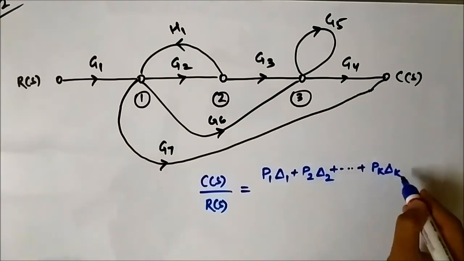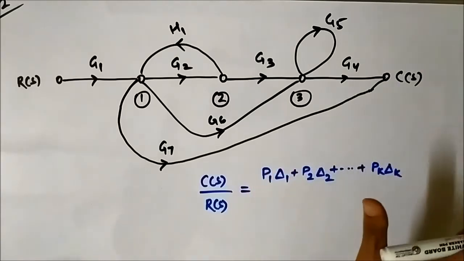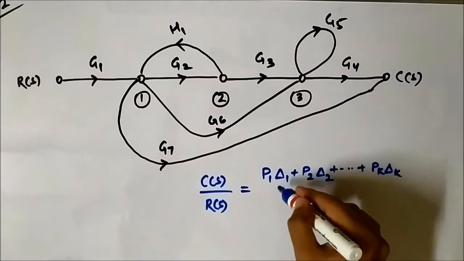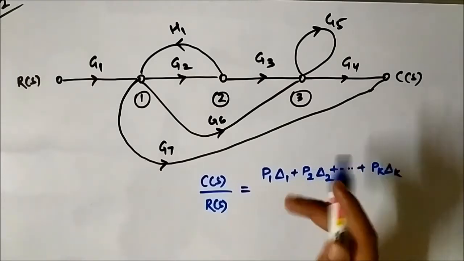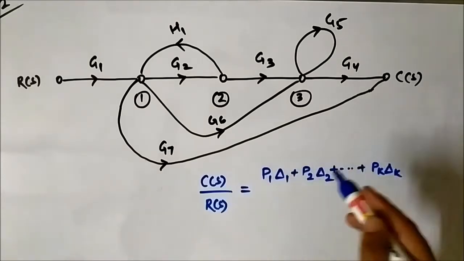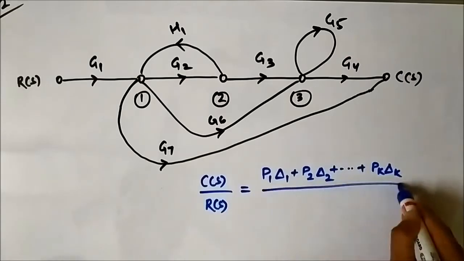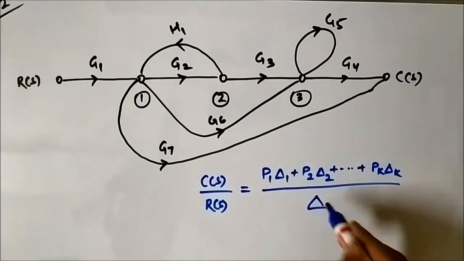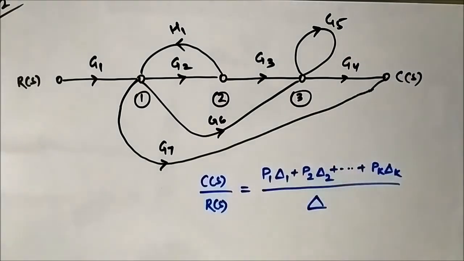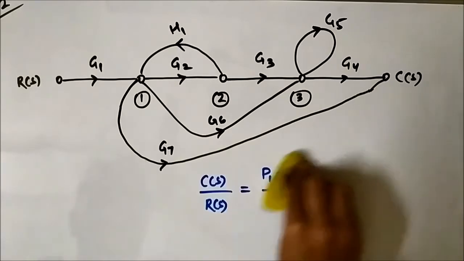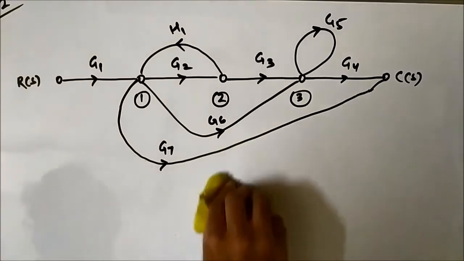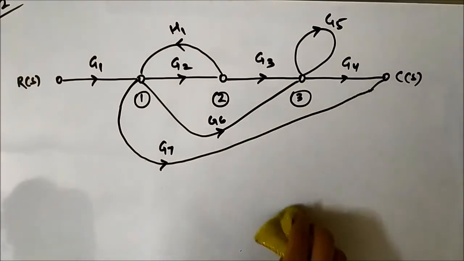P1, P2, Pk are the gains of the forward paths. Delta 1, delta 2, delta k are the path factors of the respective forward paths, and then we have the graph determinant. So we have to find out the respective values and then put them in this equation. Okay, so first let us determine the forward paths.